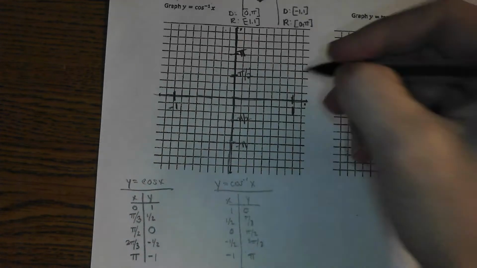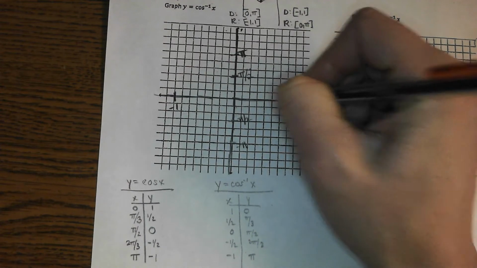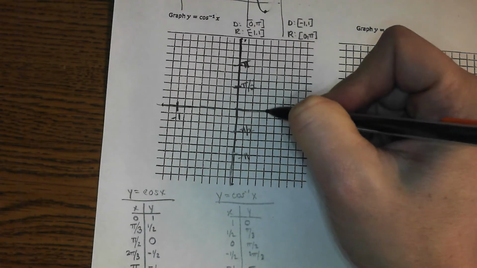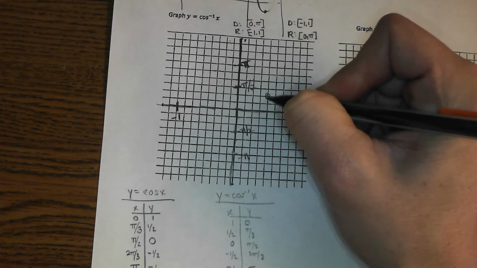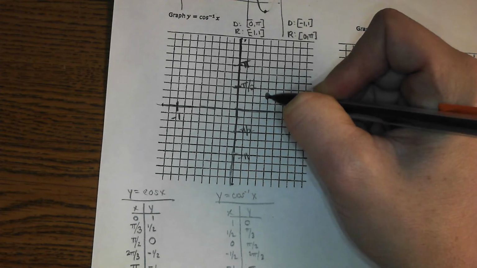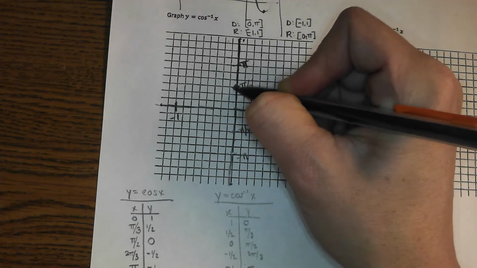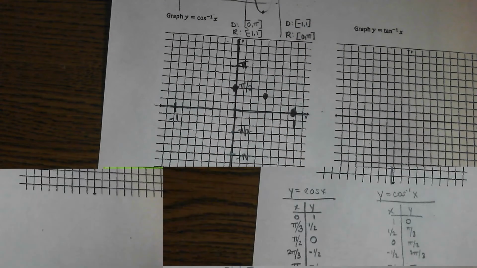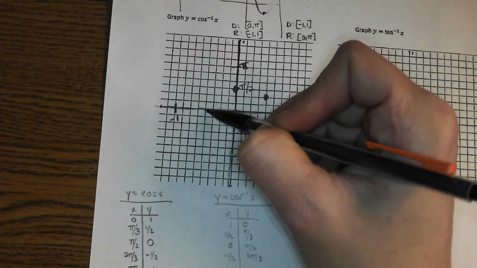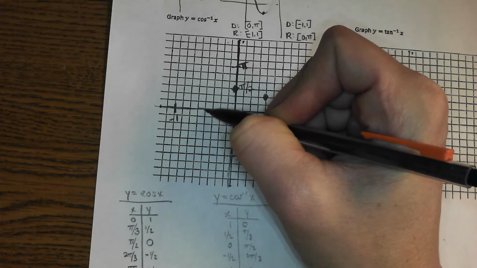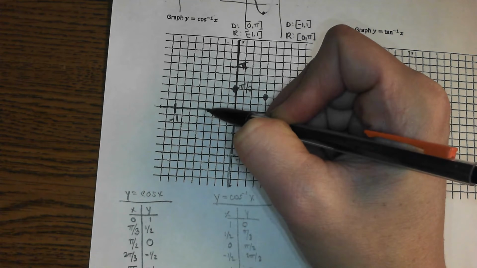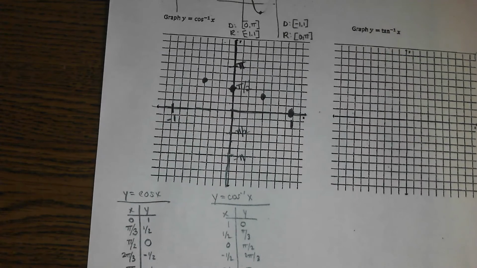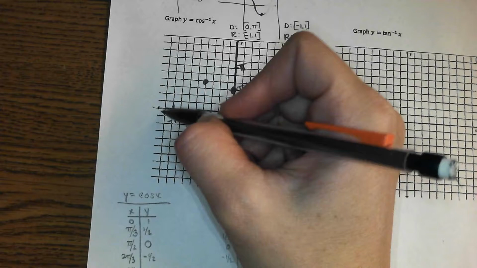Okay, so 1, 0, a half, and 2 pi over 6. 0 and pi over 2. Negative a half. And 2 pi over 3, which is 4 pi over 6. And then negative 1 and pi.